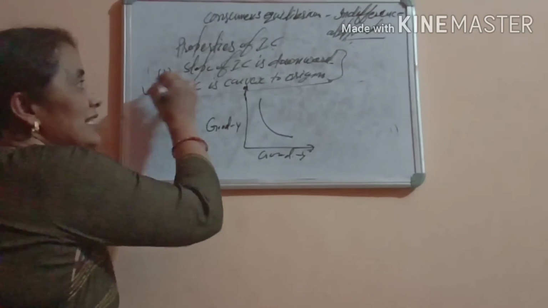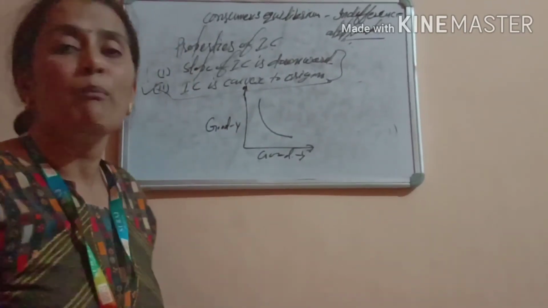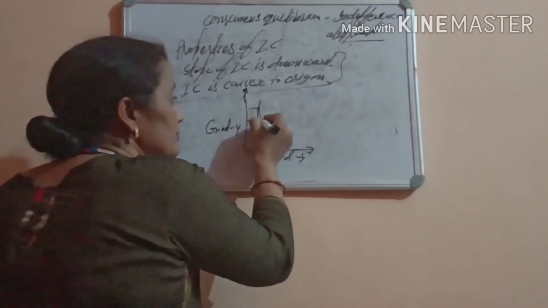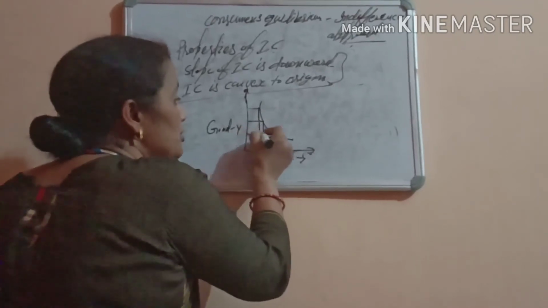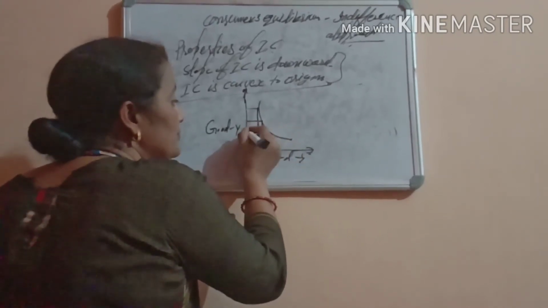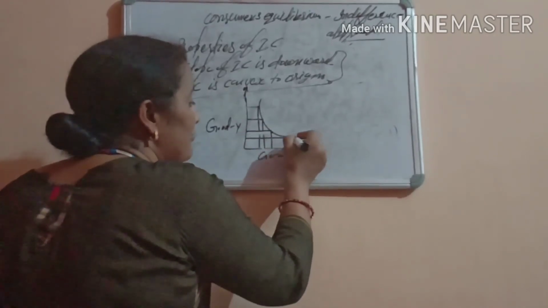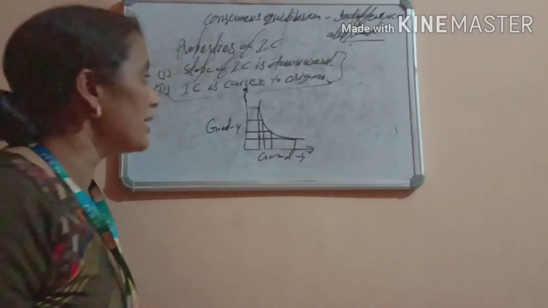इसके बाद the IC is convex to the origin. The slope of IC depends on the marginal rate of substitution. ये देखें, it is the rate at which the consumer can sacrifice one good for another good.